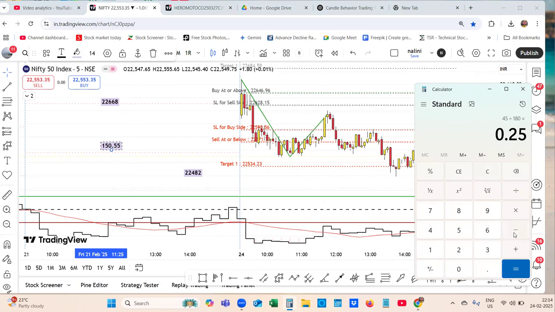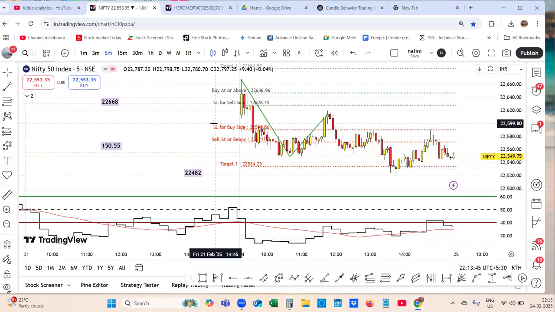I'm going to subtract from the base price. 150.55 minus 0.25, I'm getting this value. If I square it off, I'm getting the value of 22,590. This is the value.